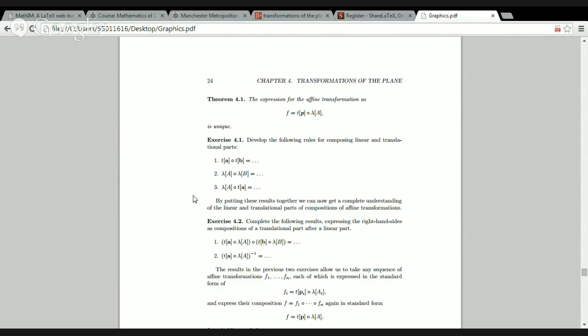If you wanted to push the T through that to get it into the standard form, how does that happen? It doesn't just move through unchanged. The linear transformation comes out the other side unchanged, but now we're translating by A times the vector A. So capital A times A.